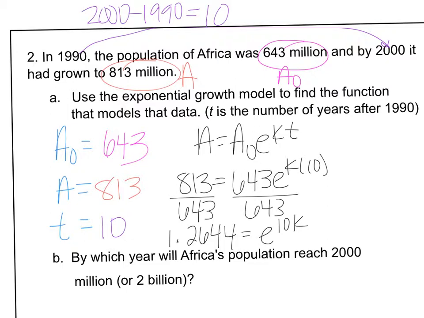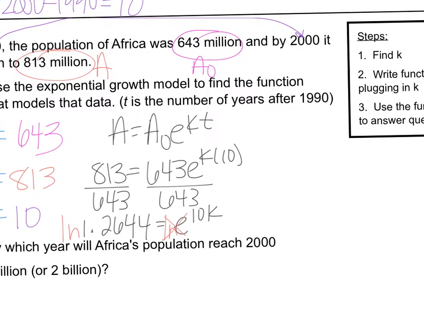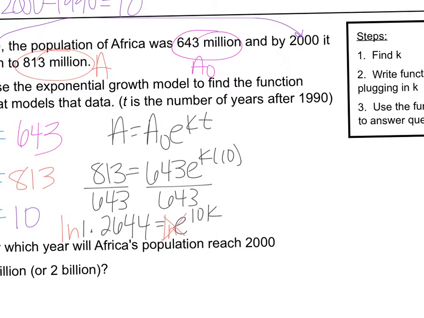You take the natural log. That should come out to 0.2346 equals 10k. Last step.